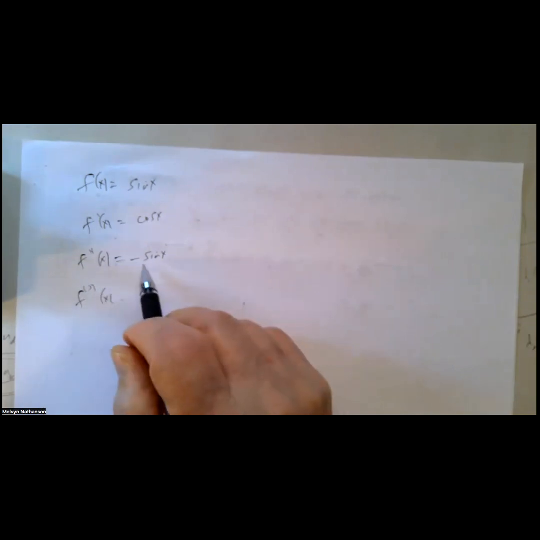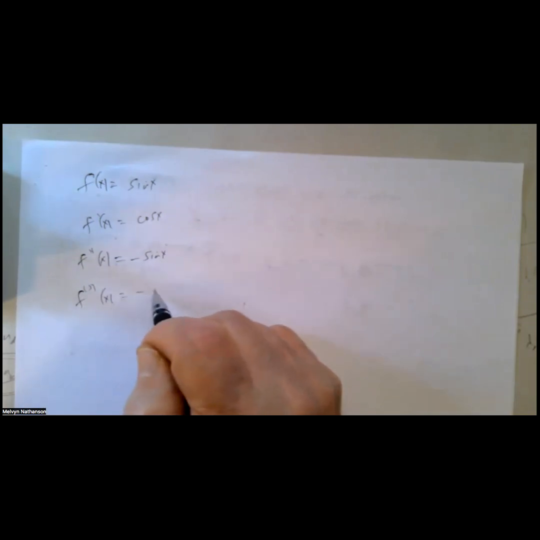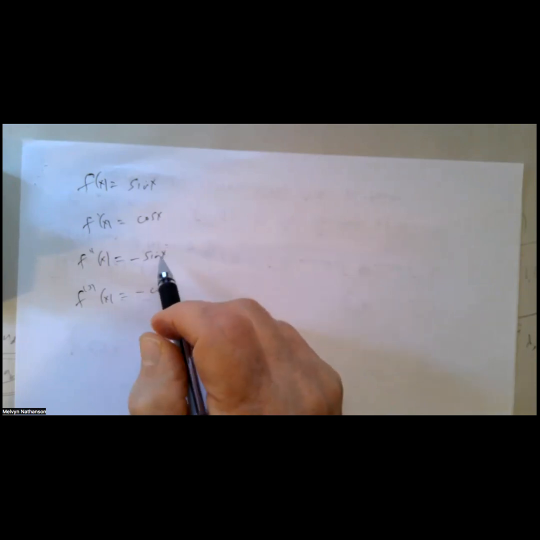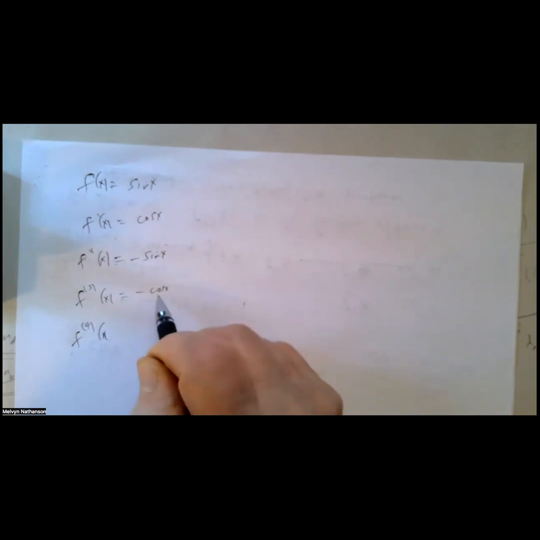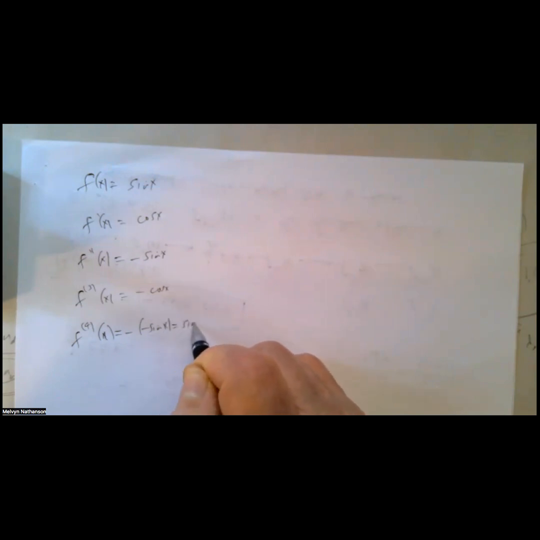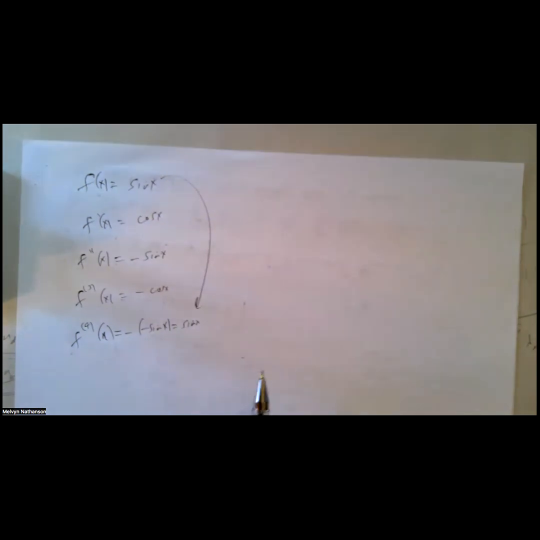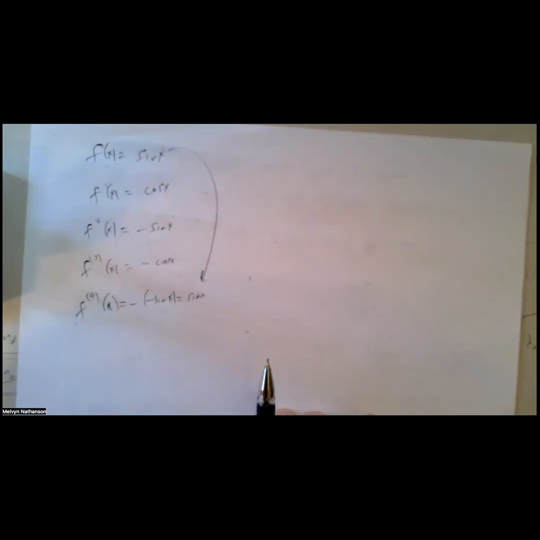The third derivative, if you differentiate minus the sine, you get minus the cosine, because the derivative of sine is cosine. The derivative of minus the cosine is minus sine x, which is plus sine x. You can actually see you're back to where you started. If you differentiate the sine 4 times, you get back the sine.